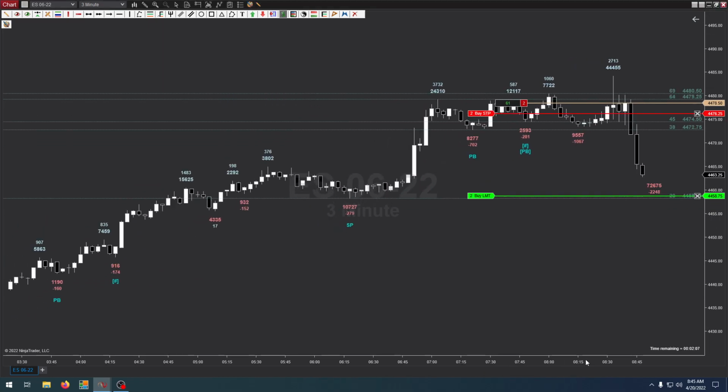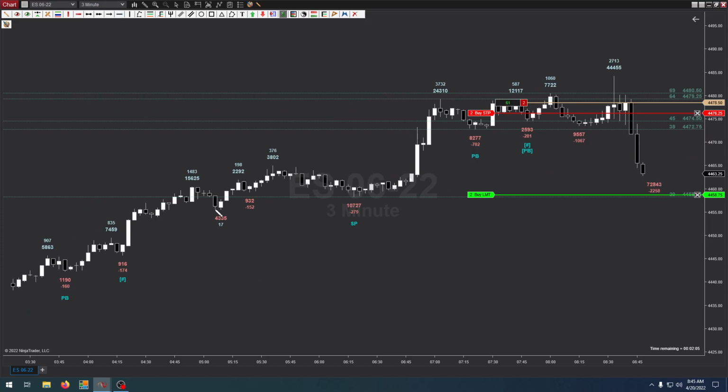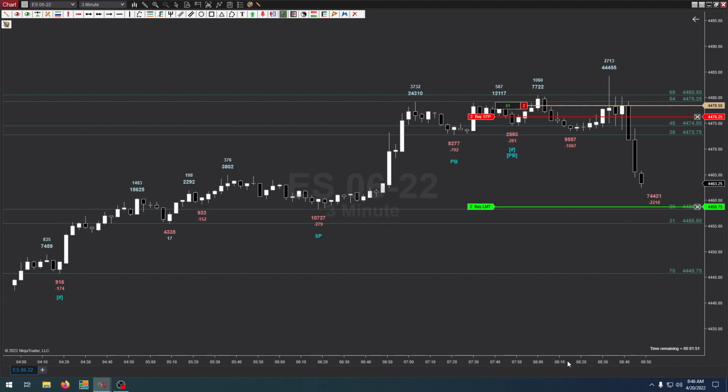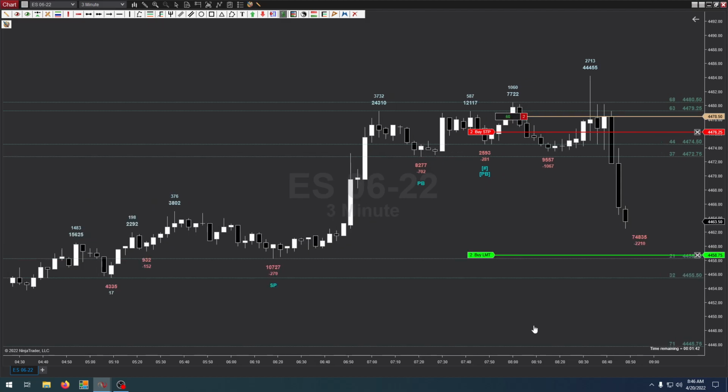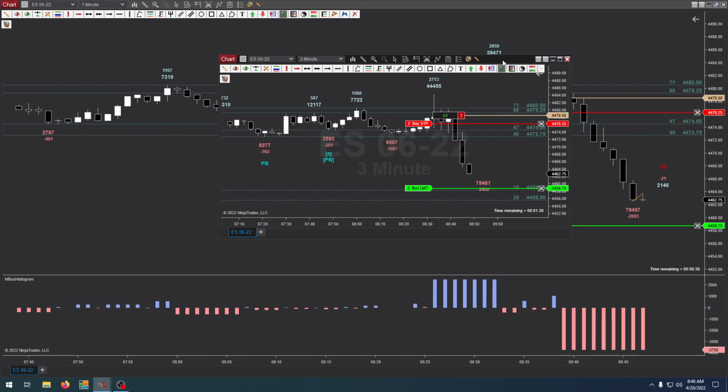Where is the swing low there? There, okay. I'm considering moving it to this one right here, just because of the negative volume delta right there. Let me check over here.